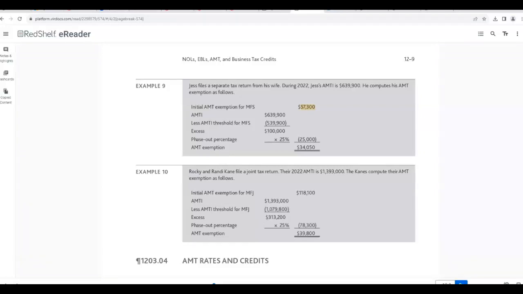So you are $313,200 above that threshold. Times 25%, it gives you 78,300. You reduce your exemption, and now the exemption is only 39,800, because you are making a lot of money.